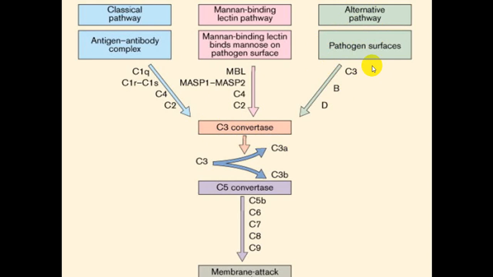This change in shape activates factor B, and factor B production increases. This activates factor D, which acts on factor B and cleaves it into two parts, Ba and Bb. Bb causes a cleavage of C3 into C3a and C3b, then C3b attaches to the Bb protein and forms C3bBb, which acts as C3 convertase.